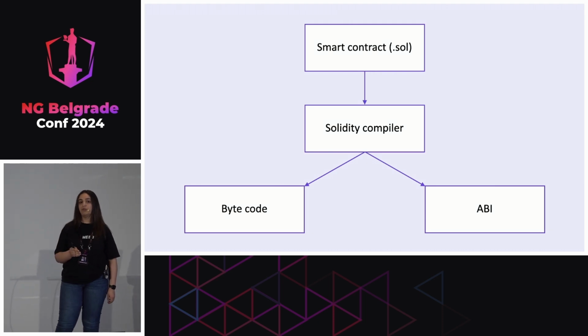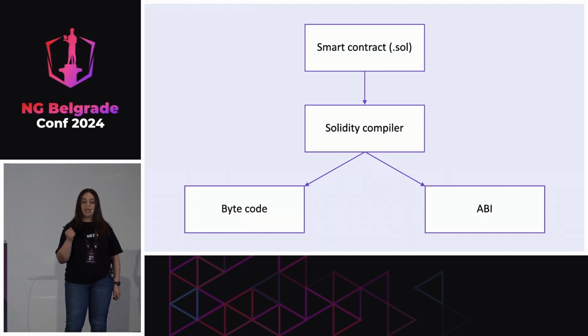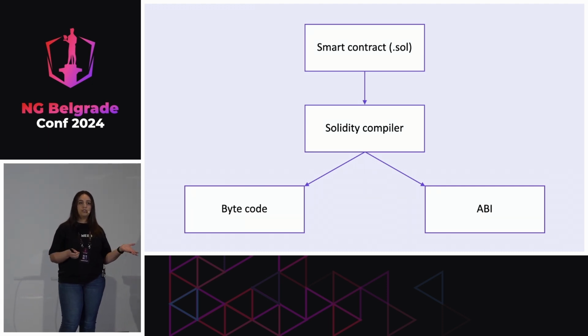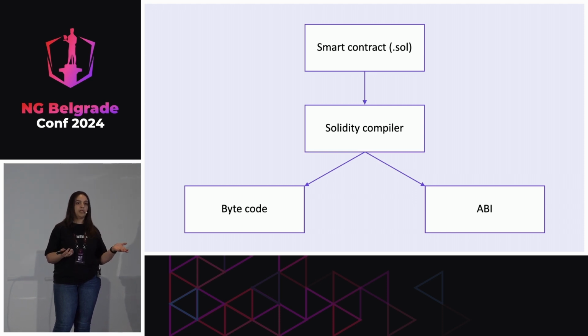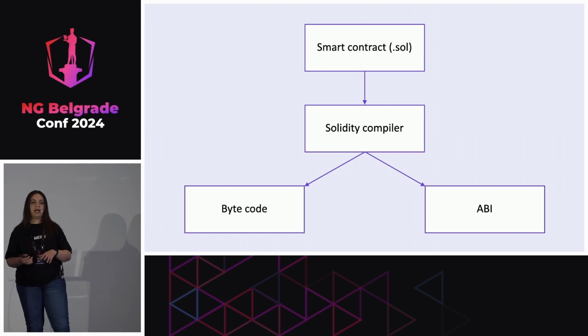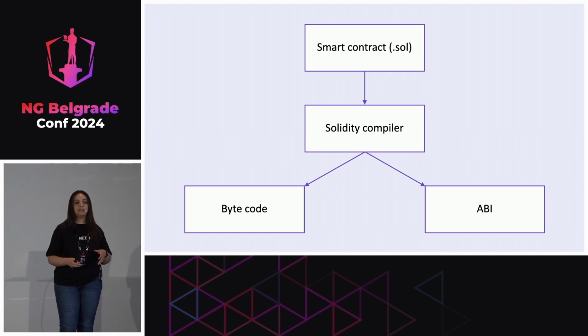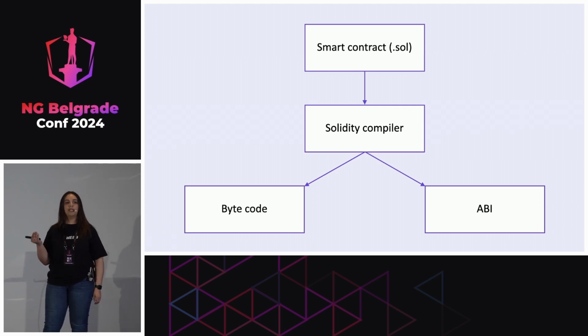So once we have the smart contract code that is written in Solidity, we compile our code, and we get two things: the bytecode that we use for the deploy of the smart contract itself, and we don't care about this. We care about ABIs, because ABIs are an interface that actually tells us what is written in the smart contract.